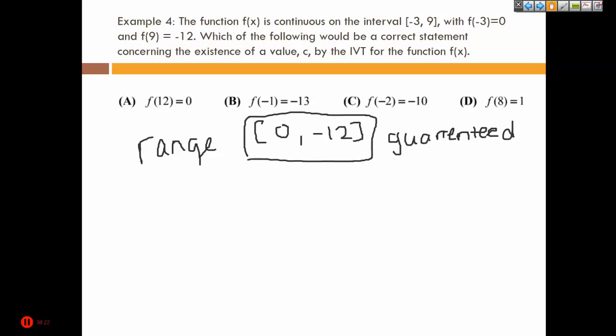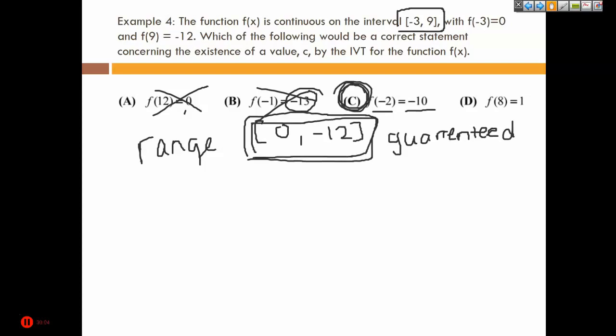So A says f of 12 equals 0. Well, 12 is outside my domain, therefore I know nothing about it. f of -1 equals -13. -13 is outside my range, therefore I know nothing. f of -2 equals -10. -2 is inside my domain, and -10 is inside my range.